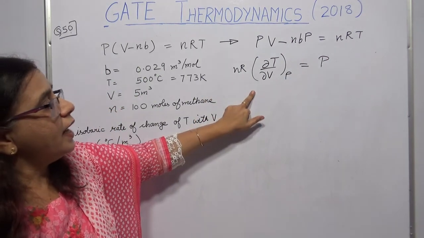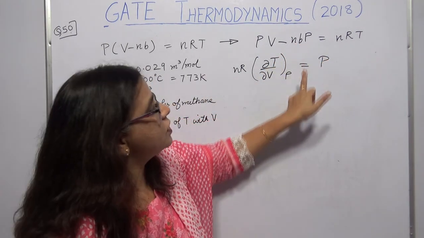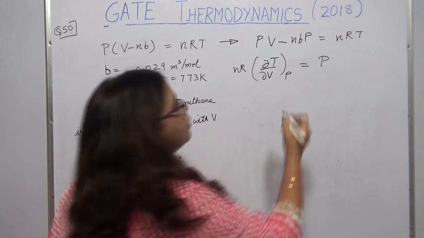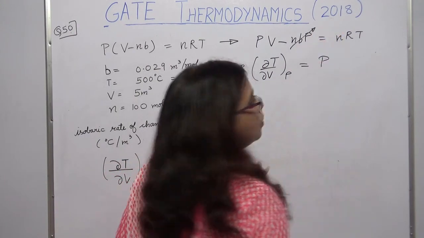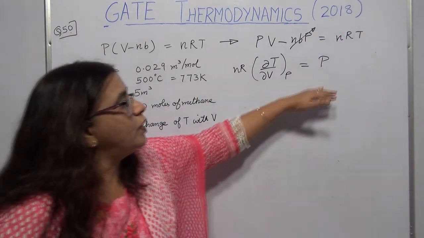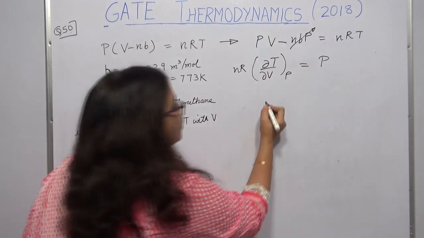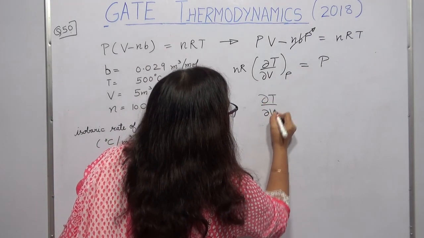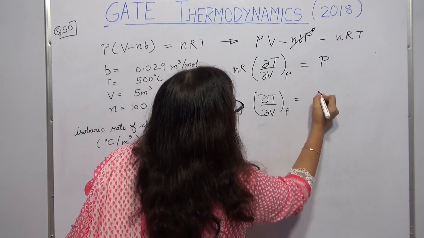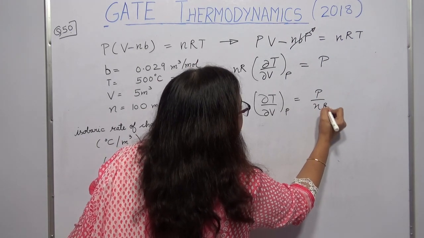P is constant, so the derivative of that will give you 0, so you are left with only P. Now del T by del V at constant P is equal to P by nR.